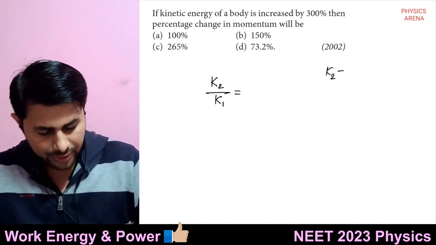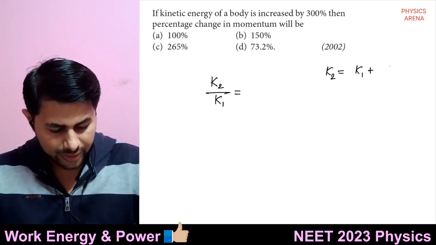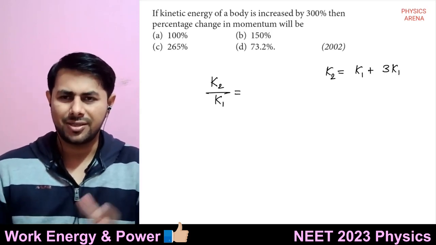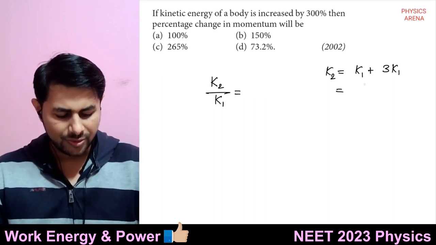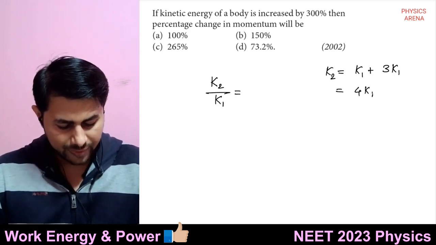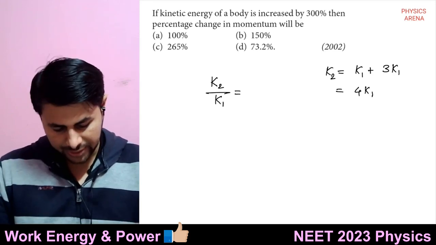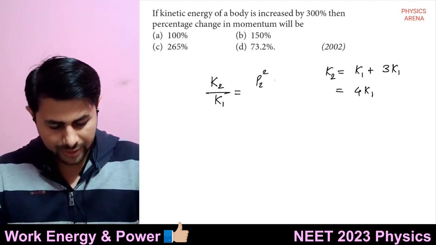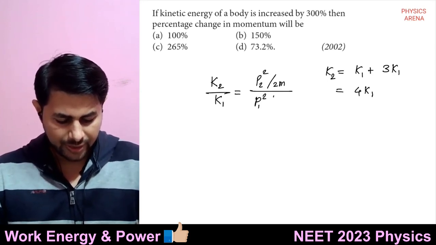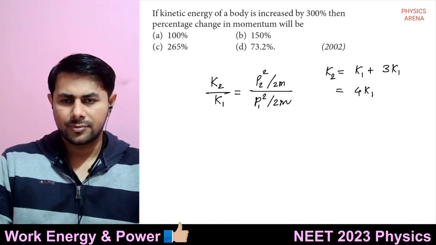So K2 equals what? K1 plus 300% of K1. So 300% means what? 3 times K1. If K1 is 100%, 300% is 3 times K1. So K2 is equal to how much? It is 4 times K1. And you know that it is equal to P2 square upon 2 times m upon P1 square upon 2 times m, right?